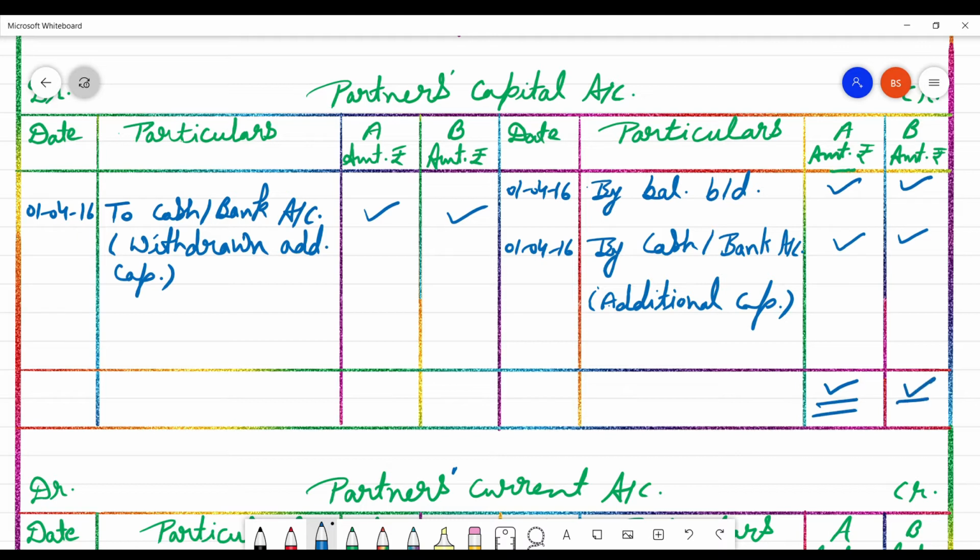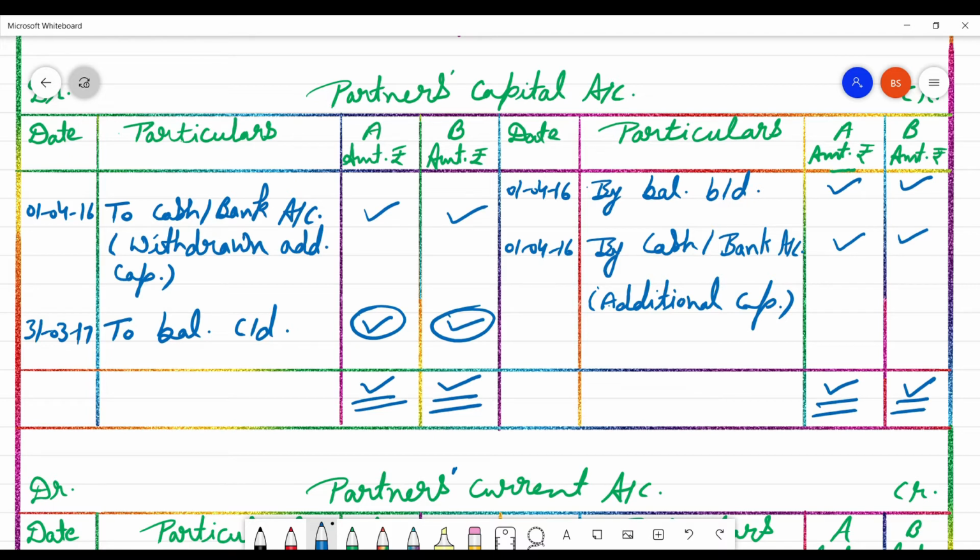Credit side's total is more than the debit side, and the difference amount will be transferred to balance carried down on the last date of the financial year. Only these four entries can be posted in the partner's capital account, and all other entries will be transferred to the partner's current account. And the second entry will be recorded in the P&L appropriation account.